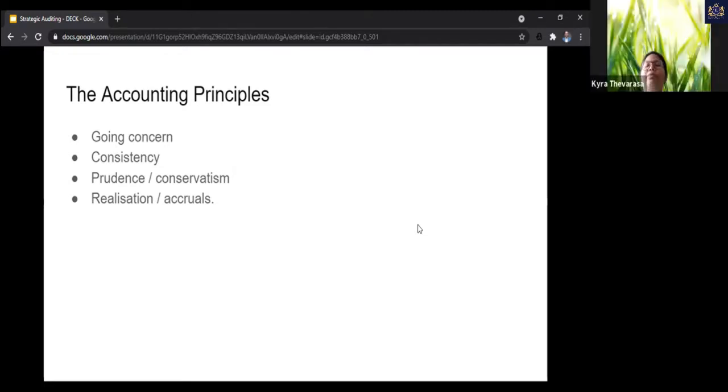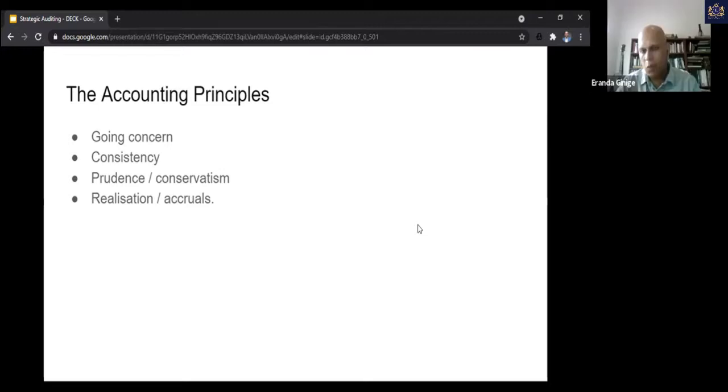Okay. One thing that the auditors will always look at is these internal controls and how good they are.